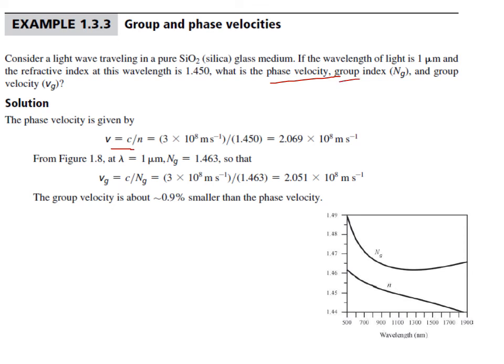For group index, if we see this figure at 1 micrometer, we get a group index of 1.463. And finally, the group velocity Vg equals c by Ng. It becomes 2.051 times 10 to the power 8 meters per second. The group velocity is almost 0.9% smaller than the phase velocity.